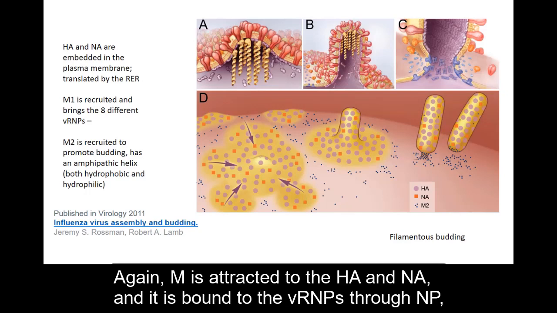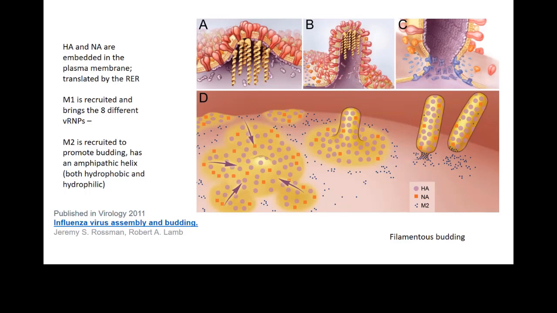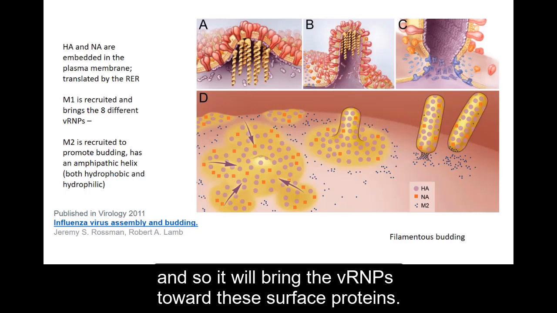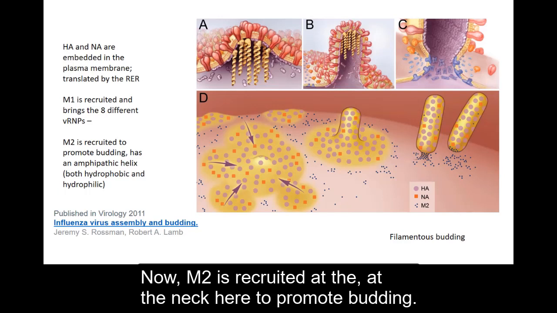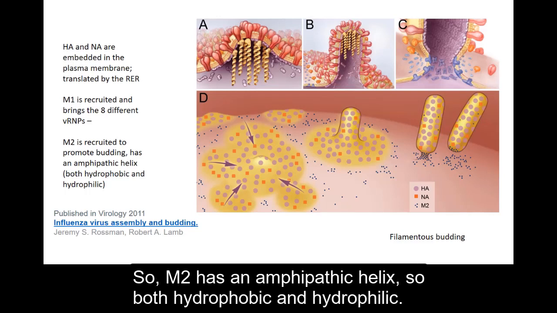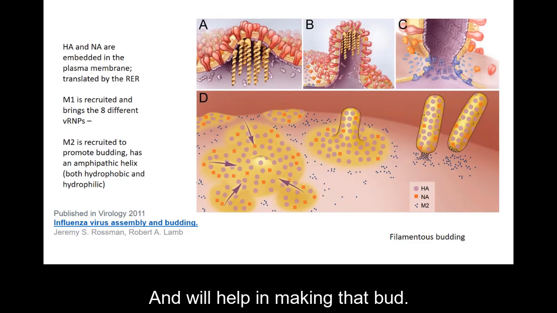Again, M is attracted to the HA and NA, and it is bound to the vRNPs through NP, and so it will bring the vRNPs toward these surface proteins. Now, M2 is recruited at the neck here to promote budding. So M2 has an amphipathic helix, so both hydrophobic and hydrophilic, and will help in making that bud.